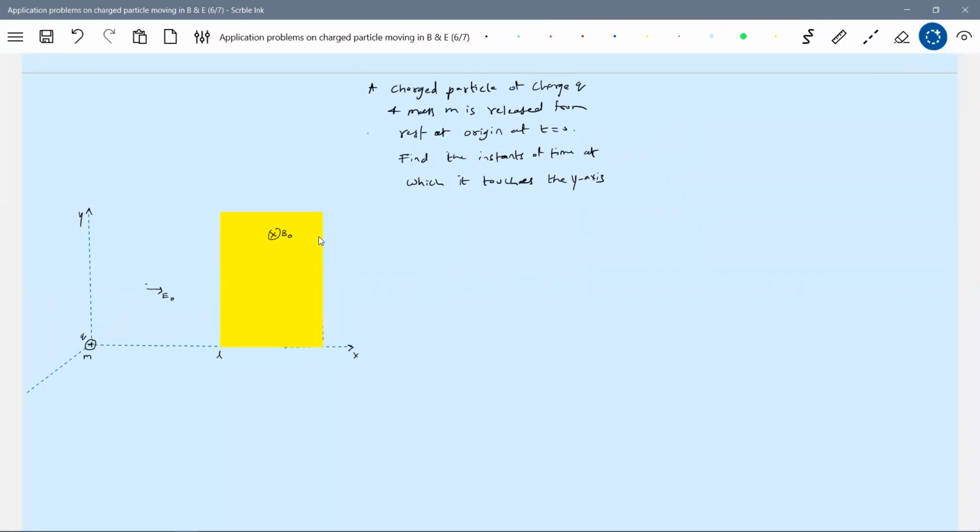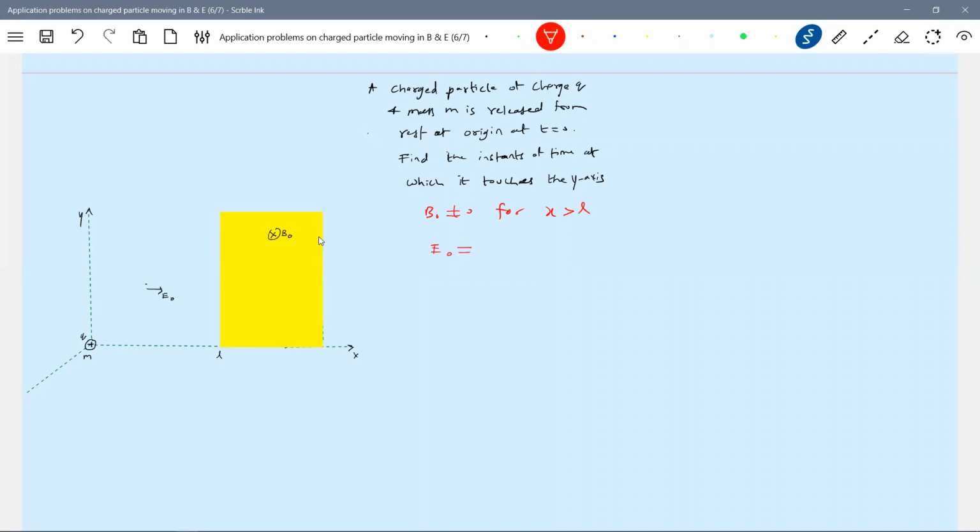A charged particle of charge q and mass m is released from rest at the origin at t equals 0. Find the instant of time at which it touches the y-axis. And the magnetic field region is present throughout. B bar is non-zero for x greater than L. I'll write the data.